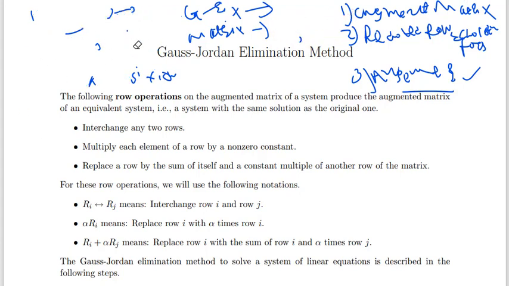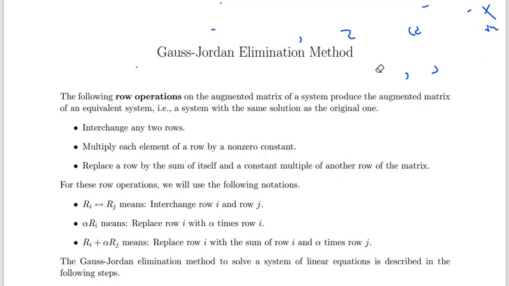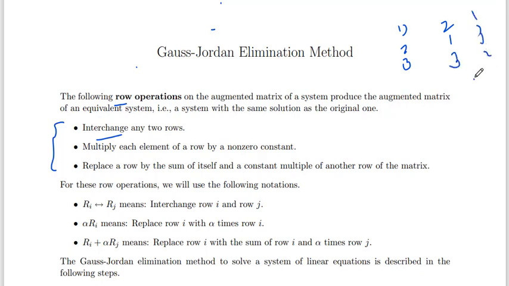There is no difference between Gaussian elimination and Gauss-Jordan elimination except that we have to transform the matrix into reduced row echelon form, not an upper triangular matrix. The row operations remain the same. In the last lecture we talked about the three types of row operations. First, interchange any two rows, for example rows 2 1 3 1 3 2 and 2 1 3 1.